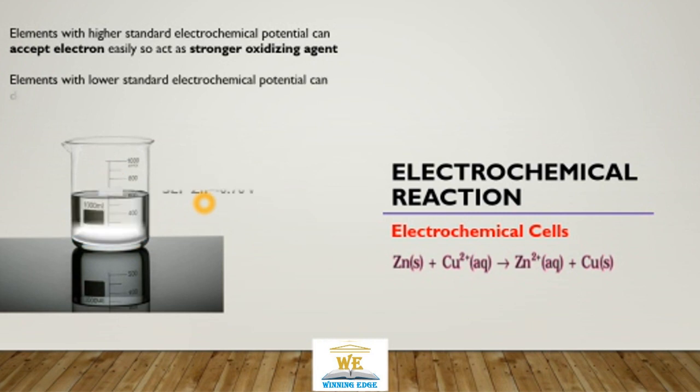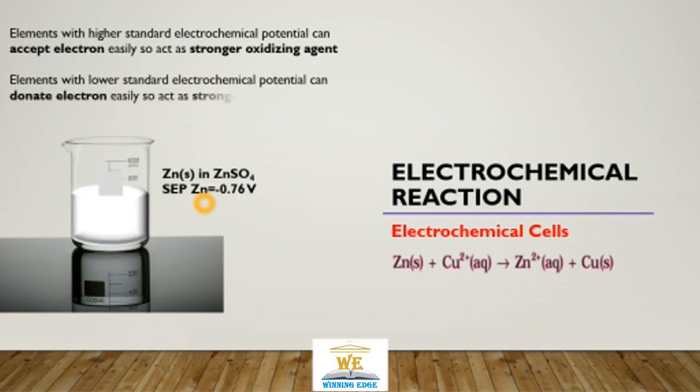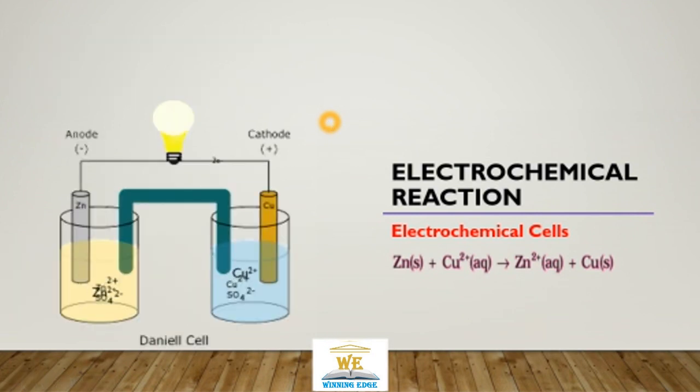Elements lower in the standard electrochemical series, like zinc, which lies below hydrogen, have an electrode potential of minus 0.76. So it acts as a stronger reducing agent, a species that can provide electrons to other species. That's exactly what happens. This is the electrochemical cell.